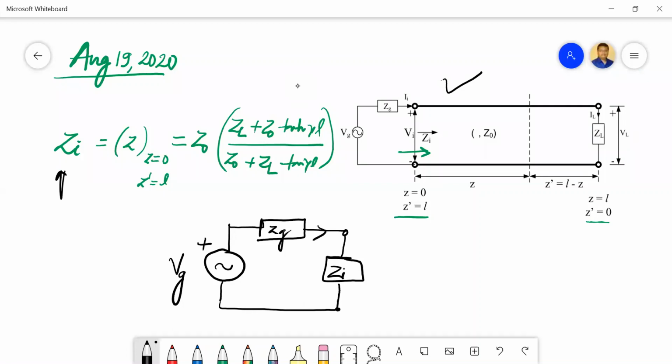Let us mention all these things: this is Ii, and across this it would be Vi, the terminal voltages. If you look at this circuit, you will find it is really very simple, and we have come across such circuits many times. We can immediately write the formulas for Vi and Ii in terms of the known parameters.